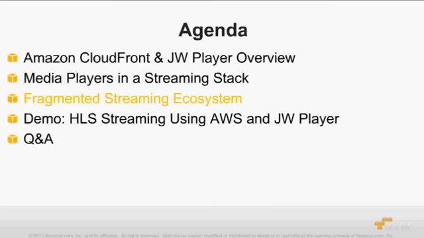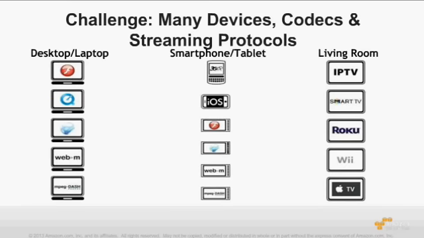So, now that we've talked about the different components that you need to consider when you're thinking about the player that you want to use in your delivery chain, let's talk a little bit about the devices themselves and how the device ecosystem is really fragmented today. I think you've seen and heard of a lot of these different devices out in the market today, and they are getting popular at different levels.